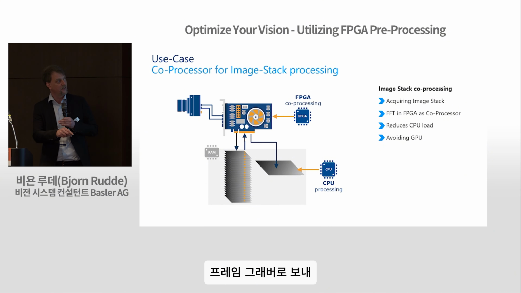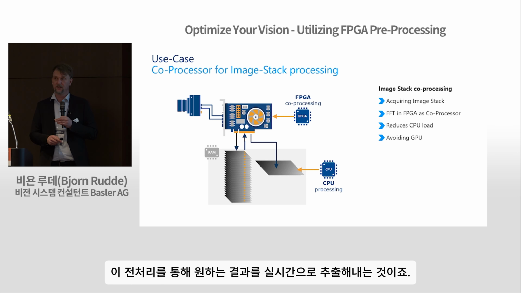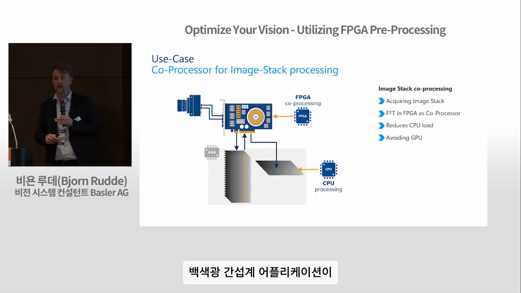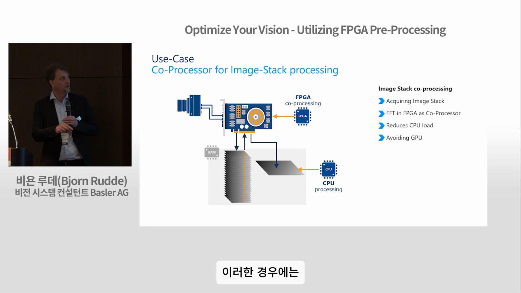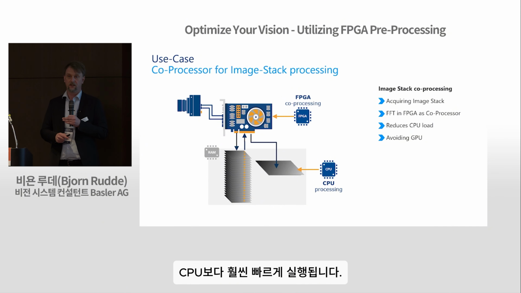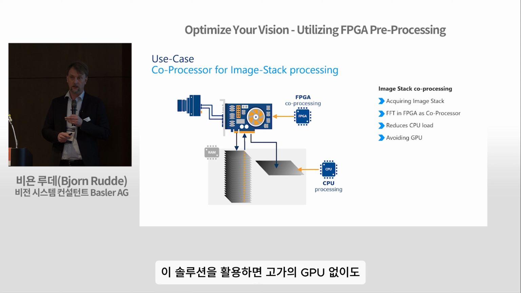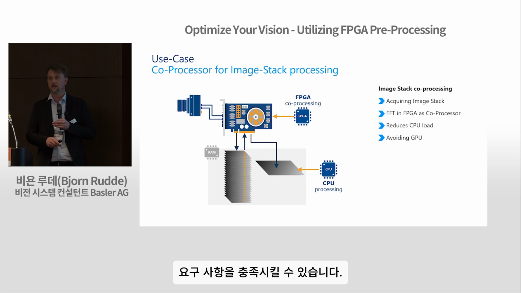In this case, it's a fast Fourier transform to extract the real result. Something like white light interferometry would be a good example for this kind of processing. The benefit is that the FFT, hardware-driven in the FPGA, runs much faster than in the CPU, and the customer could avoid using a GPU and use a very cheap CPU setup.